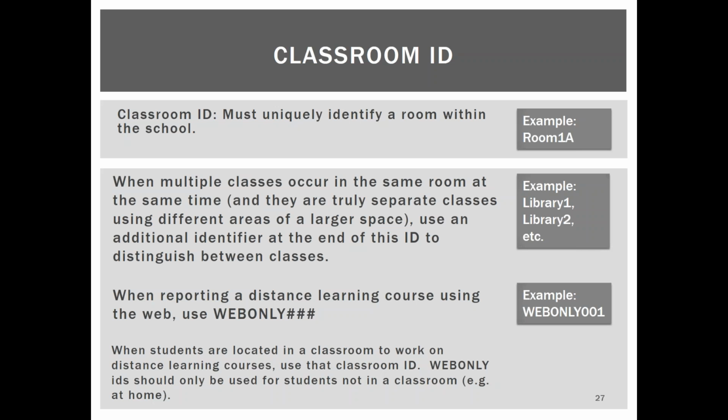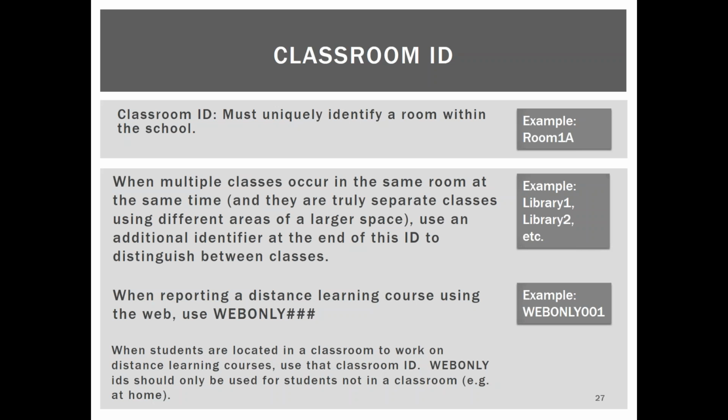So classroom ID identifies the room within the school that the class is located in. You can determine how you want to label those rooms, but it's the room that the class is located in. So we've got some tricky situations. In a normal classroom, great, room 1A or room 100, those are pretty easy to identify.